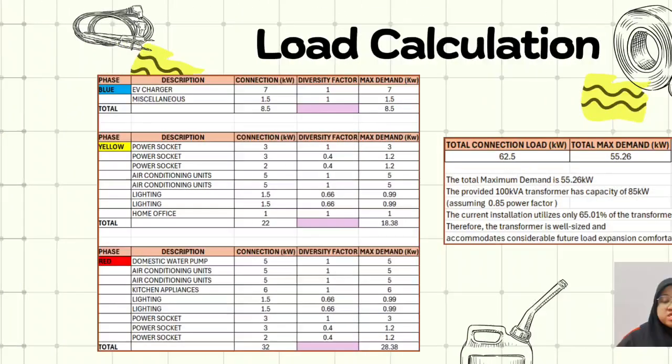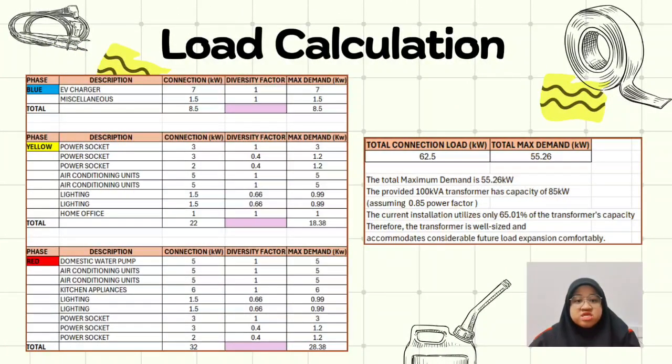So looking at this load calculation, the total connected load for the whole house is 62.5 kilowatt. However, since we don't turn on everything at once, our actual maximum demand comes down to 55.26 kilowatt after applying the diversity factor. We have balanced the phases, but the red phase is carrying the most weight because of the heavy-duty stuff like the water pumps.